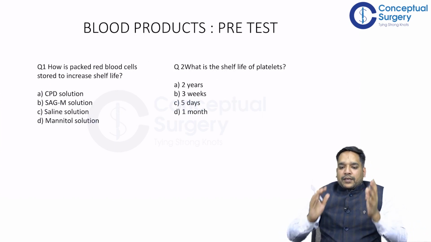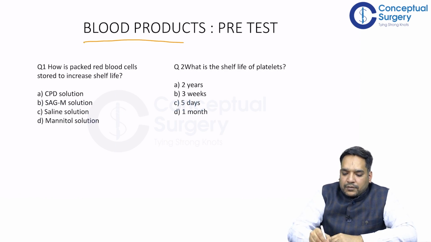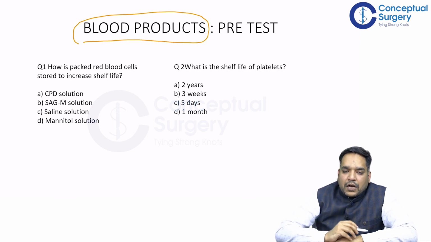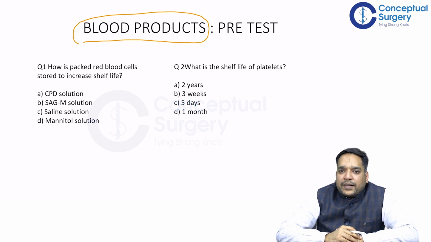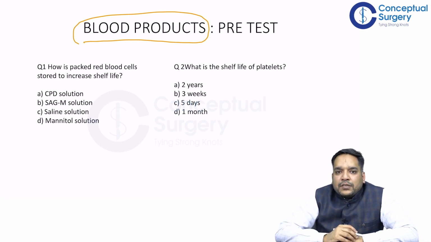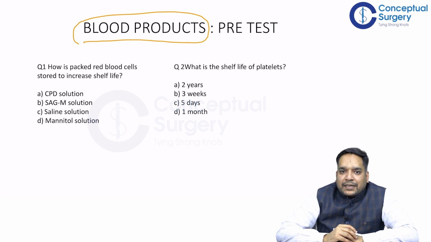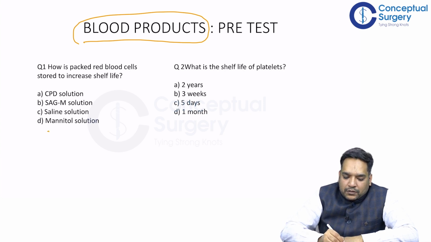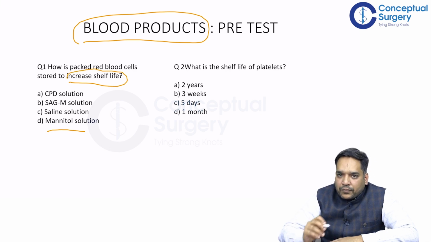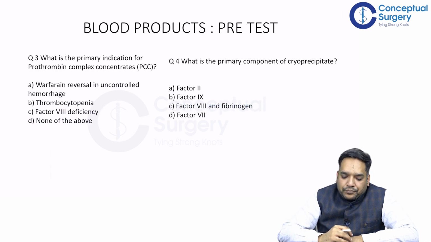The next topic is blood products, and these are the MCQs. How is the packed red cell stored to increase shelf life? CPD solution, SAGM solution, saline solution, mannitol solution. What is the shelf life of platelet? 2 years, 3 weeks, 5 days and 1 month.